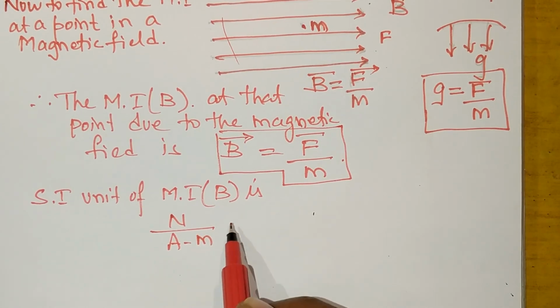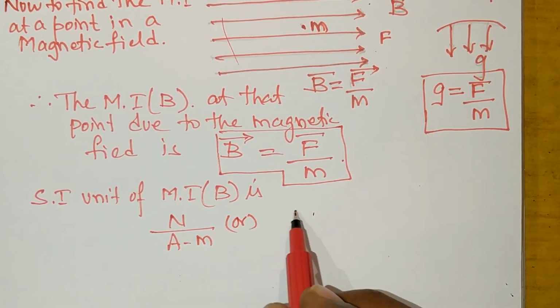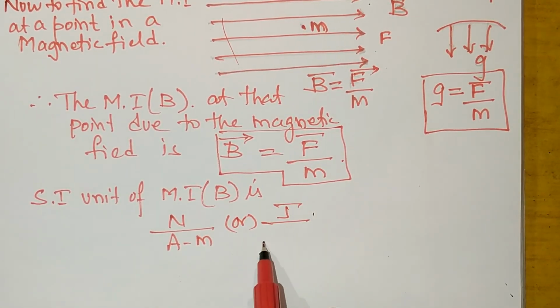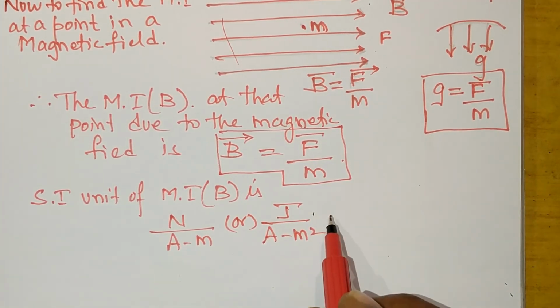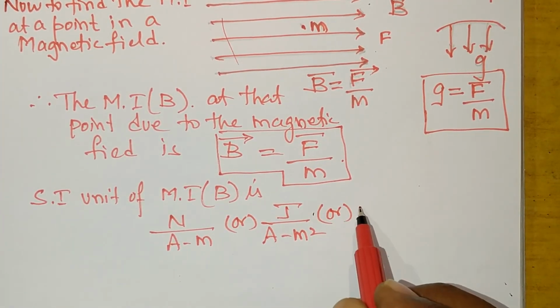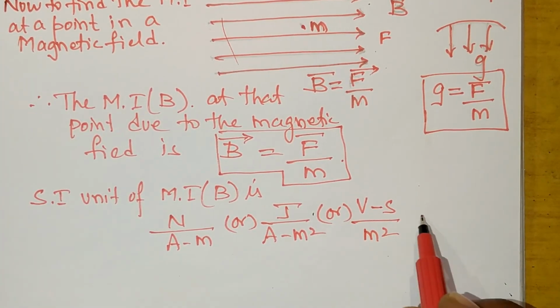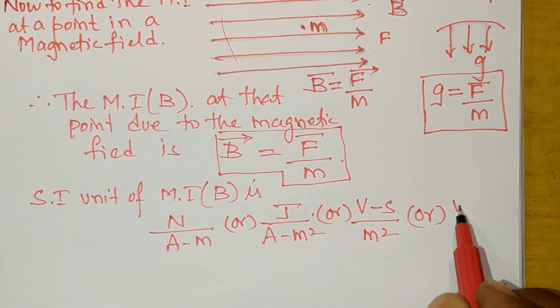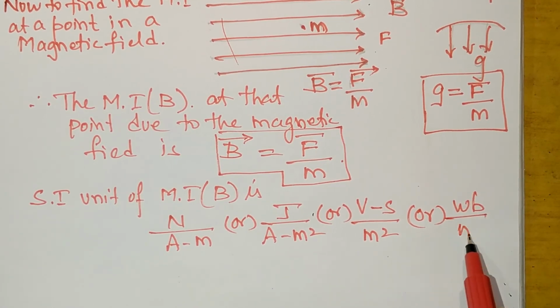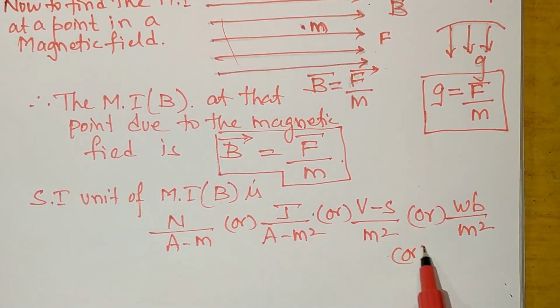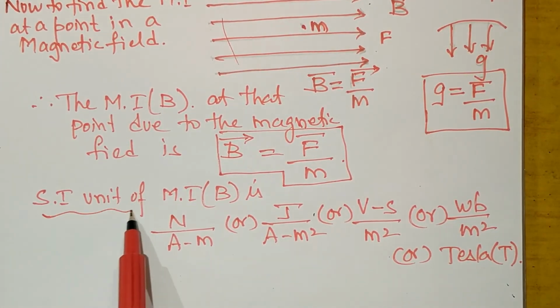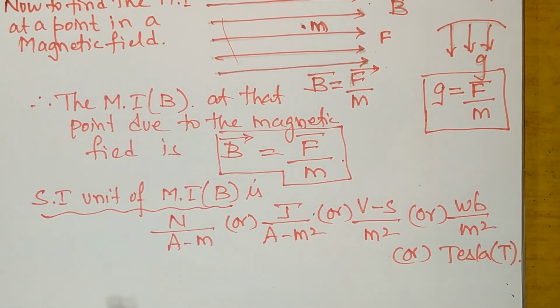Ampere meter, or we can write it as joules per ampere meter square, or volt second per meter square, or Weber per meter square, or Tesla, denoted by the letter T.